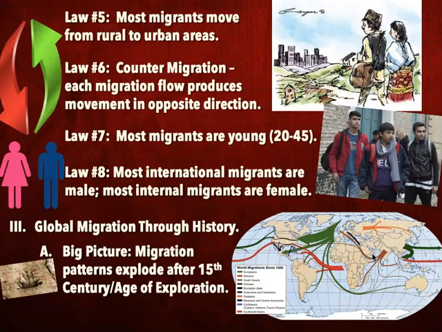I mean, there's everything from going back to the original migrations of people from our origins in East Africa, and then spreading north, south, east, west from there. But when we start talking about real major migrations, especially international migration, that is going to happen basically after the 1500s, during that age of exploration, when you start having, whether it's Columbus or Magellan, all this exploration, and then all the movement of people that comes after that. But like I said, I'll pick up on that in more detail in the classroom.